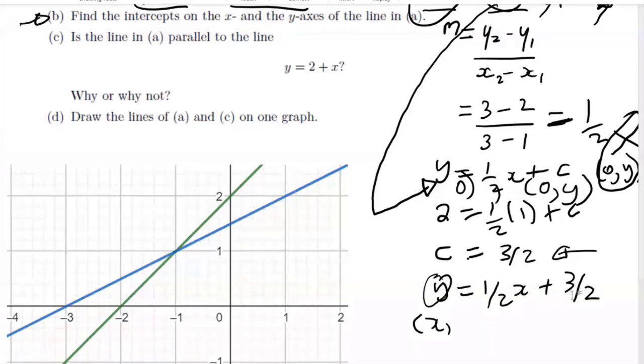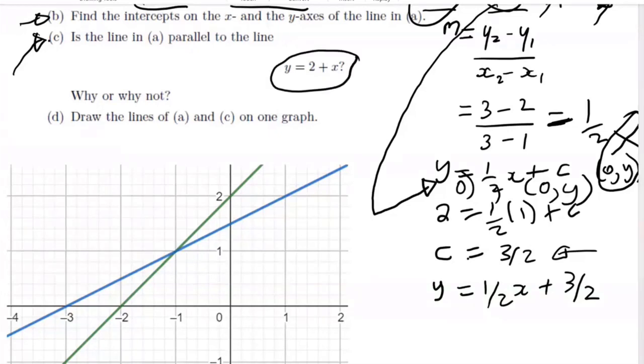And the question is saying, we go to number C. If you've got any questions, guys, please ask. But this is the way that you are going to be applying this thinking. So in the line that you have found, this is the line that we have found. You are asked, is this line parallel to y is equal to 2x plus 2?